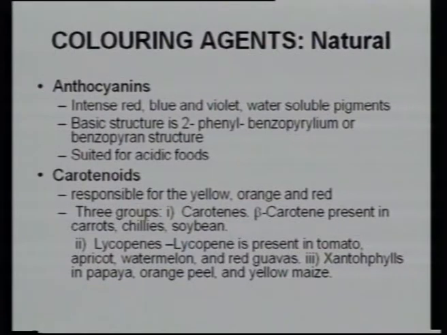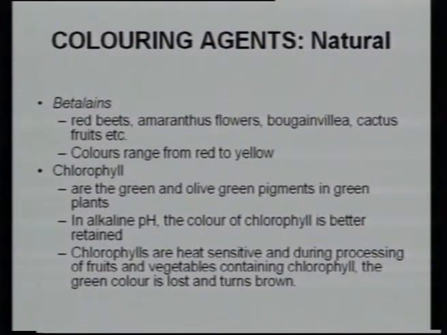Then chlorophyll gives the green color. Chlorophyll is heat sensitive, and during processing of fruit and vegetables the color is lost and it changes into brown. But chlorophyll is better retained in alkaline pH. So when you are preparing any food formulation at alkaline pH, you will be able to maintain the chlorophyll color.